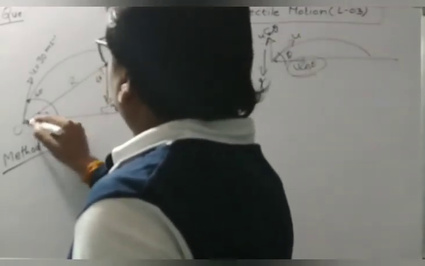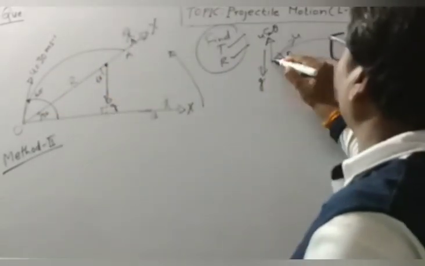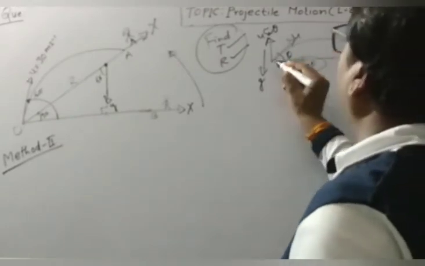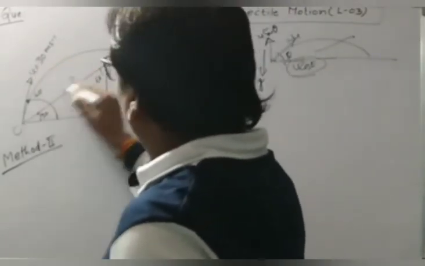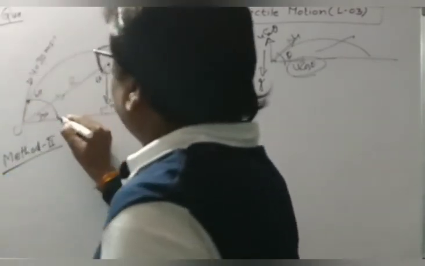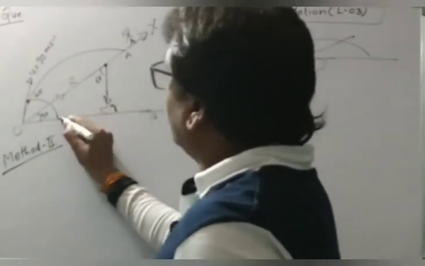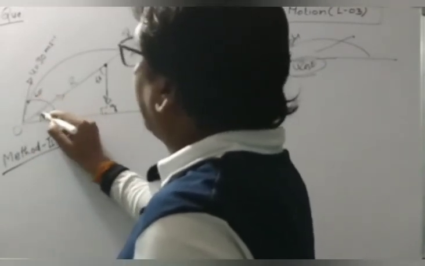Okay, and for this person, this is the ground. OA is the ground. So likewise, u has been resolved along the ground and perpendicular to the ground. So likewise, in this case, this u must be resolved along OA and perpendicular to OA, that means along this. So for this OA, this whole angle from the OB line to this velocity u vector is 60 and this is 30.